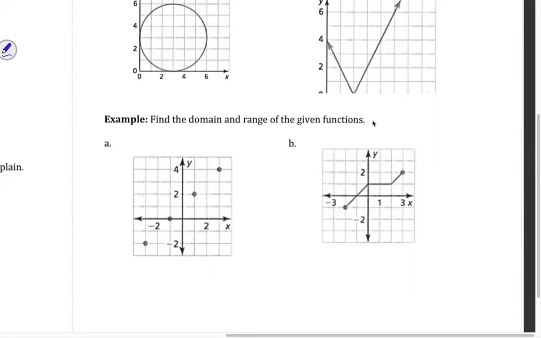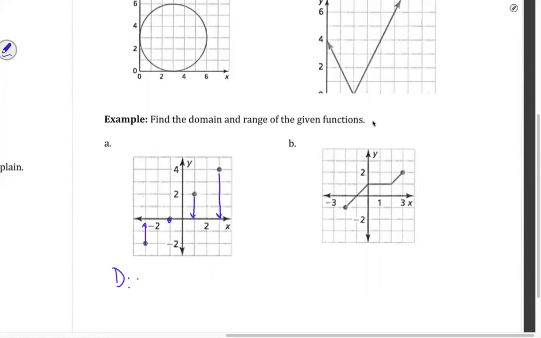If I turn on gravity, all of these little dots fall to the x-axis. This would go to there, that one stays where it's at, that one falls to there, and that one falls to there.